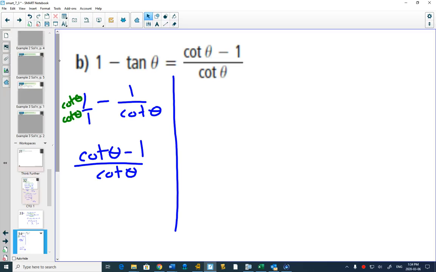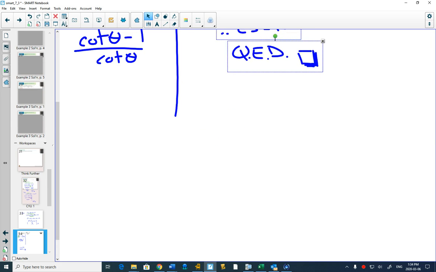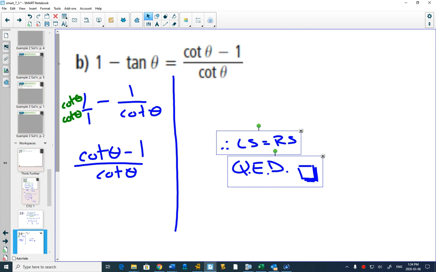In this case, I was able to change both sides to the same trig function that made the proof faster. So if you can, the faster way is generally to make it all in the same trig function? That could be a faster way. Not necessarily, but in this case it was.